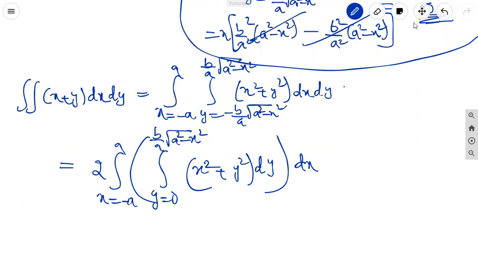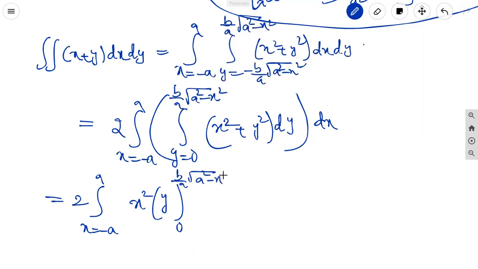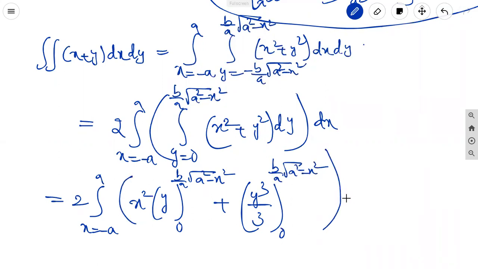It is equal to 2 times the integral x equal to minus a to a. x square is a constant, so its integration is y, with limits from 0 to b by a under root of a square minus x square, plus y square integration is y cube by 3, with limits from 0 to b by a under root of a square minus x square, whole dx.